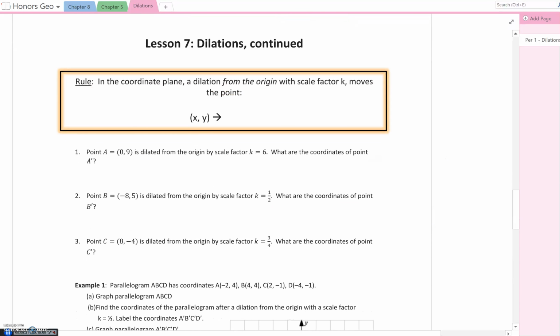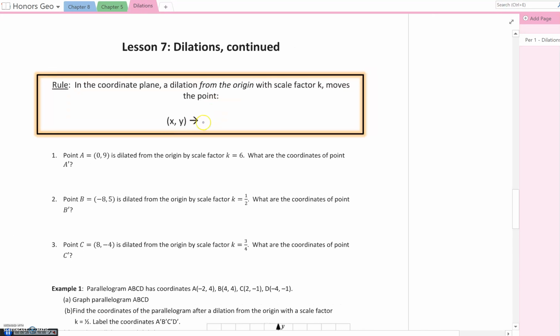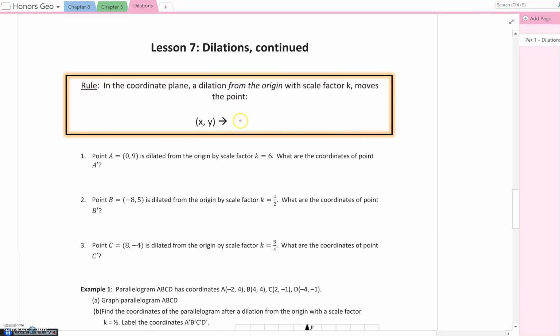Now, when you have numbers on a coordinate plane, it's very easy. You're going to take your original point and scale it by doing k times (x, y). Remember, k is just your scale factor, okay? So point A is dilated from its original with a scale factor of k equaling 6. All you need to do to figure out the new point, it used to be at (0, 9). We're going to dilate it with a scale factor of 6.